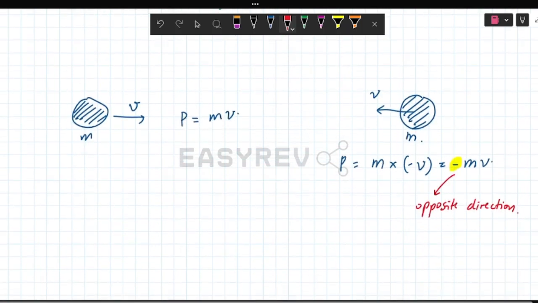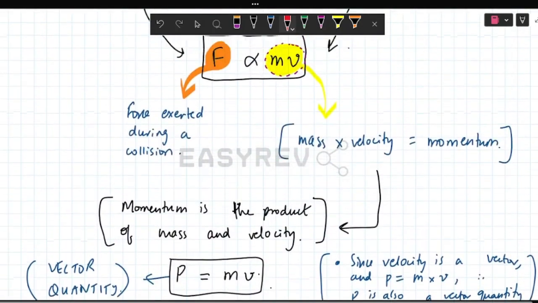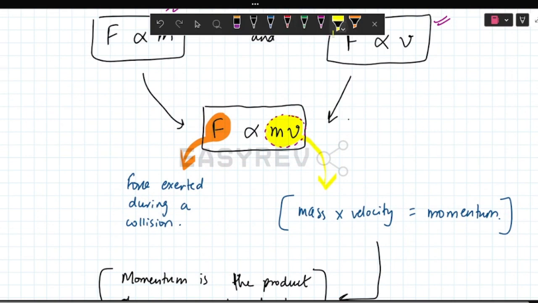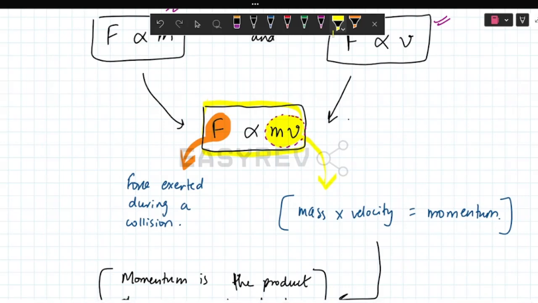Now with all of this out of the way, we're now ready to explore that relation that we ended on, this one. While yes, this relation was there to at least motivate us to figure out, okay, what kind of a quantity should momentum be? It had motivated us to even define a quantity like momentum.